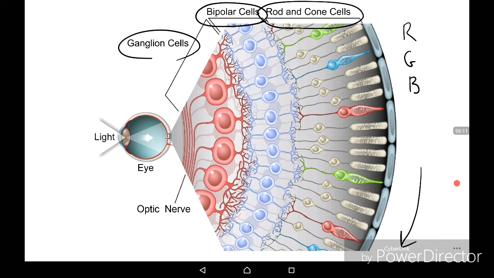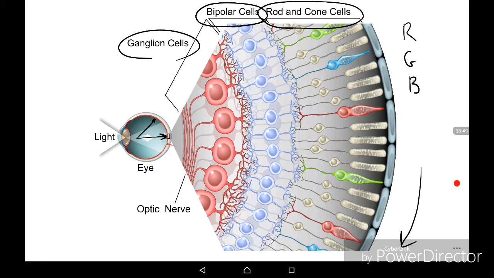We have many rods and cones that may be connected with a bipolar cell, and therefore the receptive fields are larger at the periphery. At the center of the eye, we have more cones and fewer rods. On the periphery, the number of rods increases and of cones decreases. So therefore the peripheral part of the retina is more light sensitive than the central part.